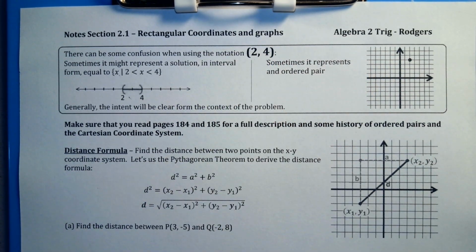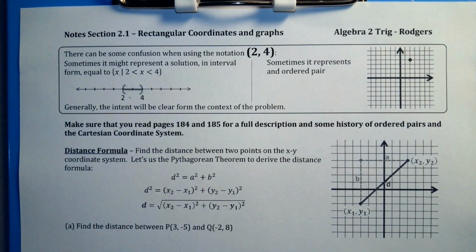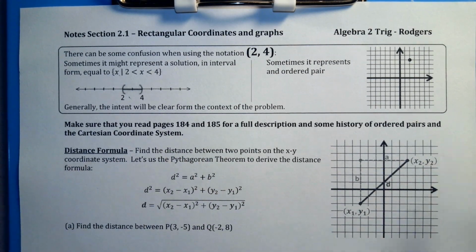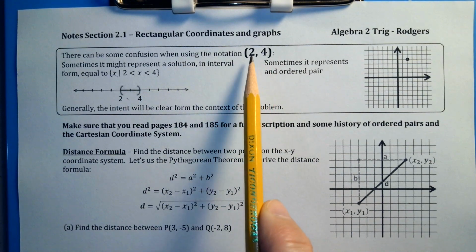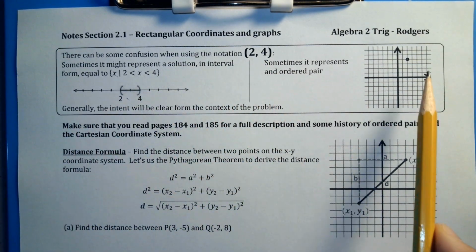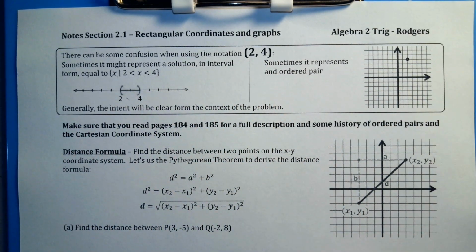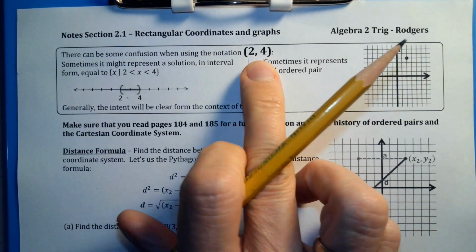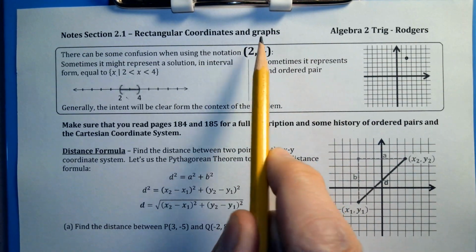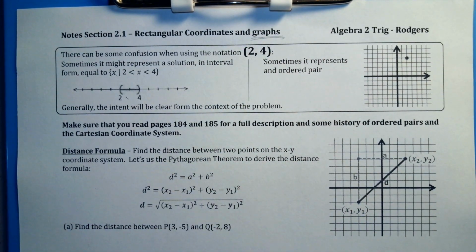All right. So it shouldn't generally be a problem for us, because we'll know from the context of the problem whether we are talking about a solution set, in this case non-inclusive of the endpoints, or if we're talking about an ordered pair. And in this section, things like this will represent an ordered pair because we're talking about graphs, right, instead of solution sets.